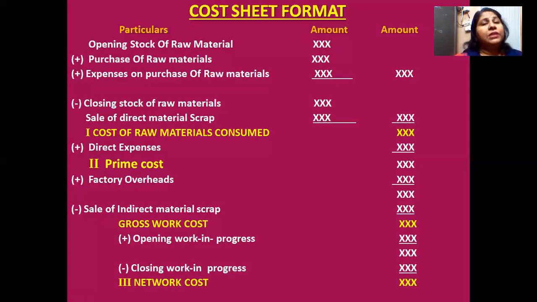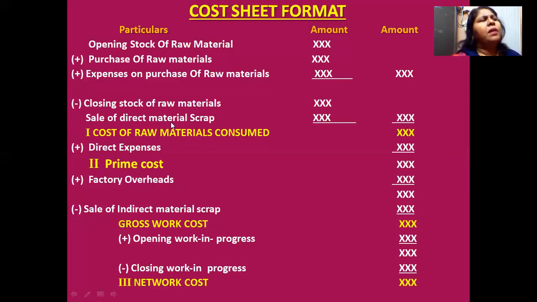So I have a wastage, but with a recovery value. By selling this wastage, I'm getting some income. But there is no place for income when I'm preparing the cost sheet. That's why I'm deducting the sale of direct materials scrap. Only the cost incurred will be considered under the cost sheet. That's why the closing stock of raw materials and sale of direct materials scrap will be deducted over here.